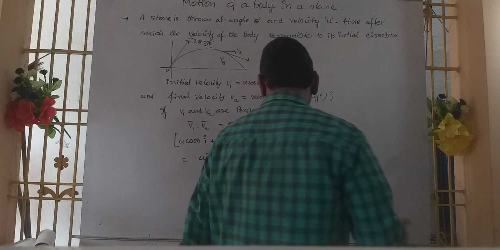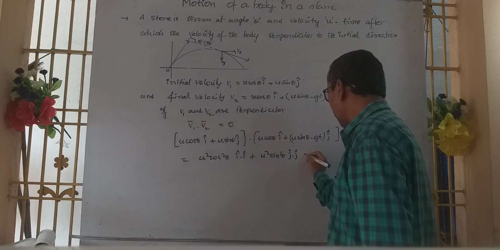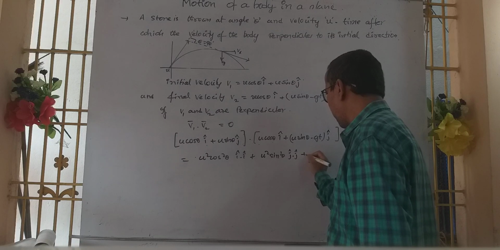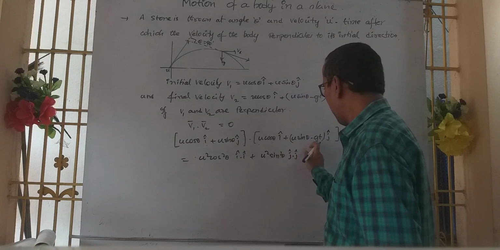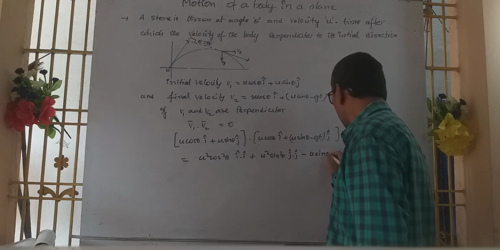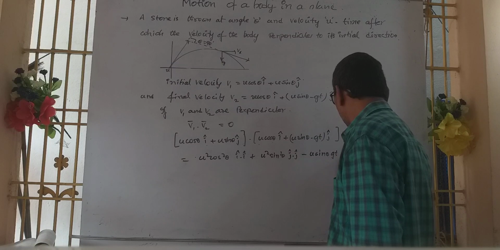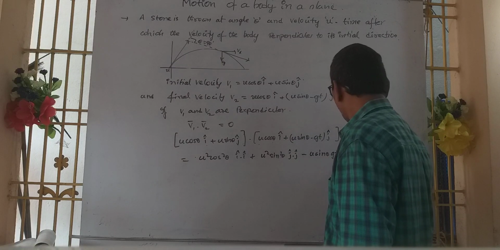And the third one, u sin theta j times minus gt j, that is minus u sin theta gt j dot j, is equal to 0.